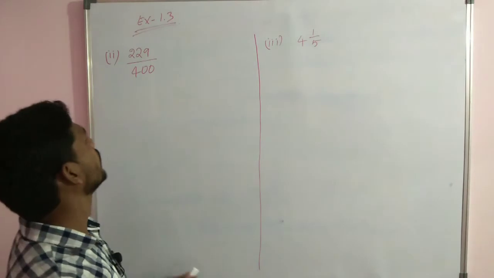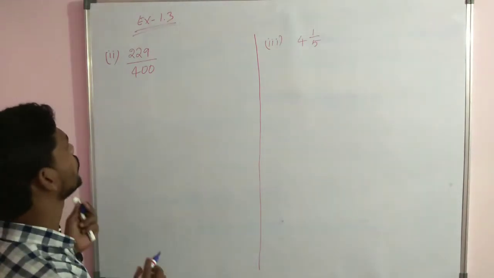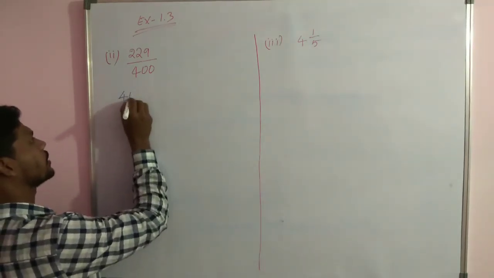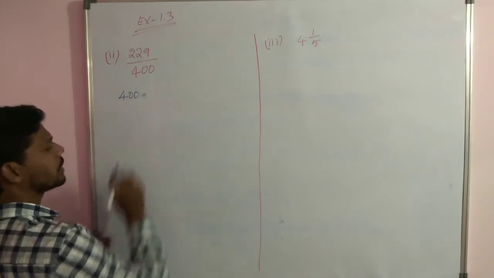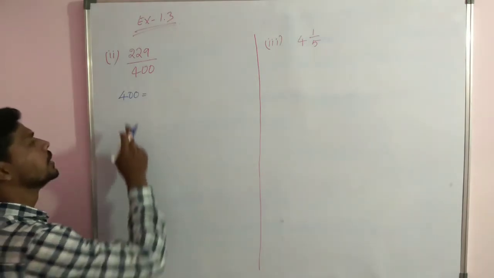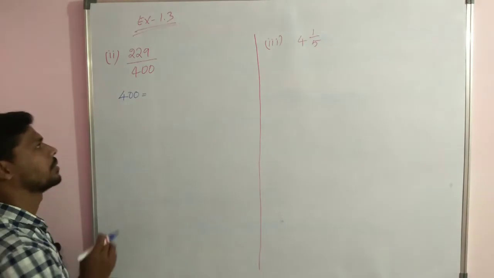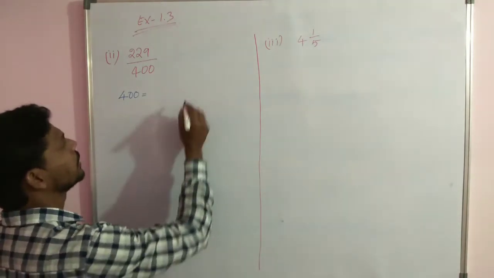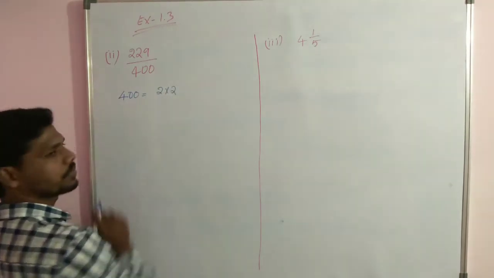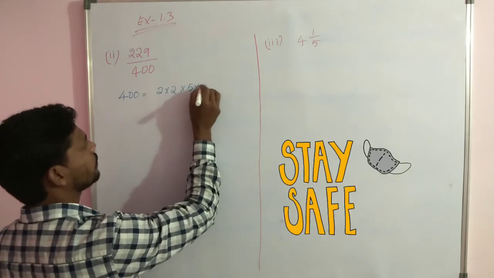The next problem is the second one, 229 by 400. First take 400, because this is the denominator. Now check, is it possible to write it in the form of 2 powers and 5 powers or not? 4 can be written as 2 powers, and 100 we can write as 10 square. So 400 is 2 into 2, 2 2s are 4, and 25, 5 5s are 25.